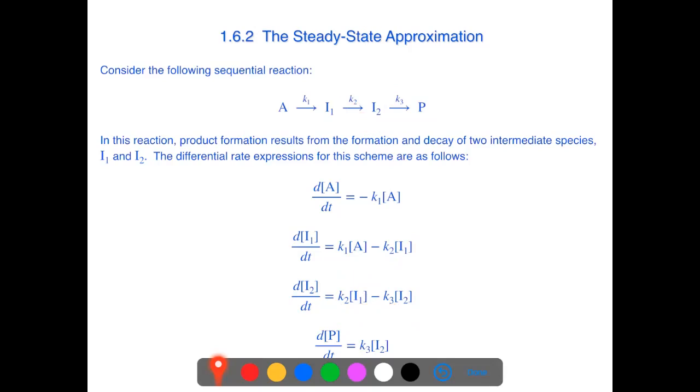And then finally, the differential rate expression for product formation is equal to K3 times I2, because this is the only path that leads to the formation of that product. So very similar to what we saw in sequential first-order reactions, except now we have an additional step within our scheme. We have 3 steps and 2 intermediates.